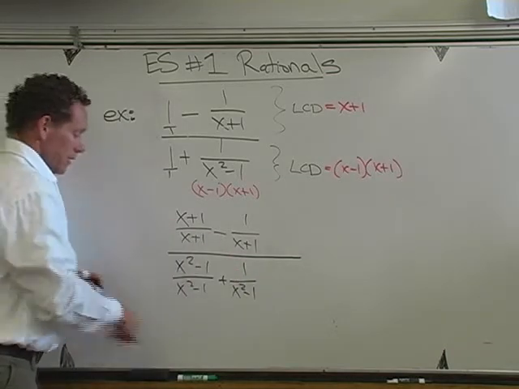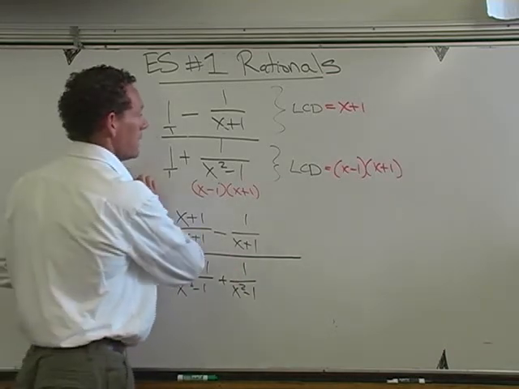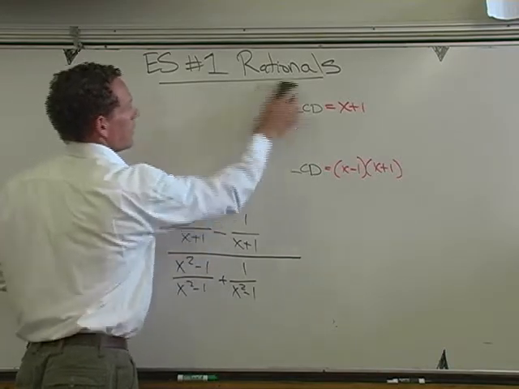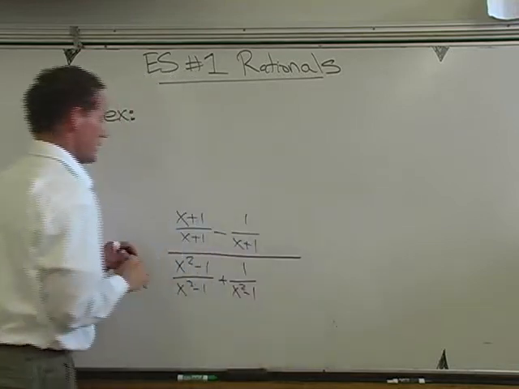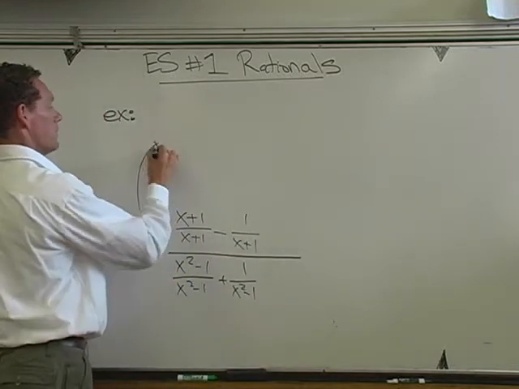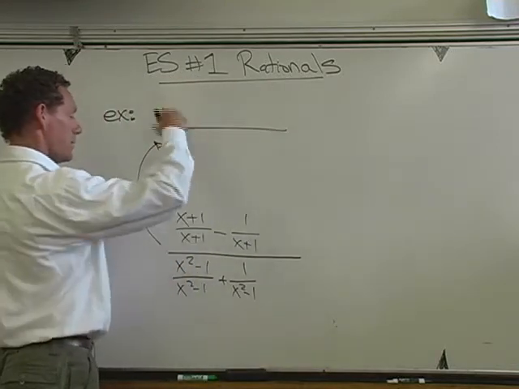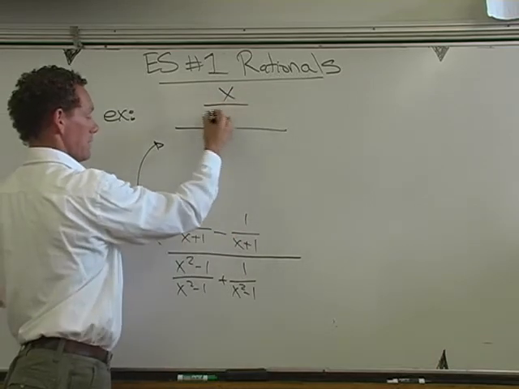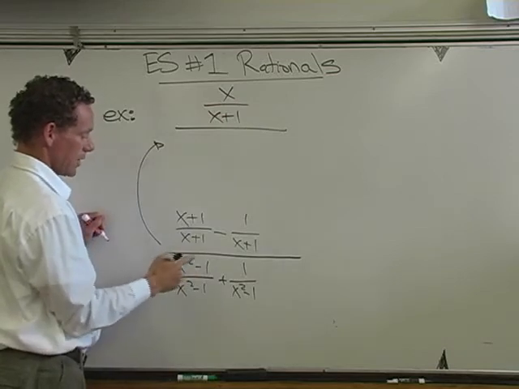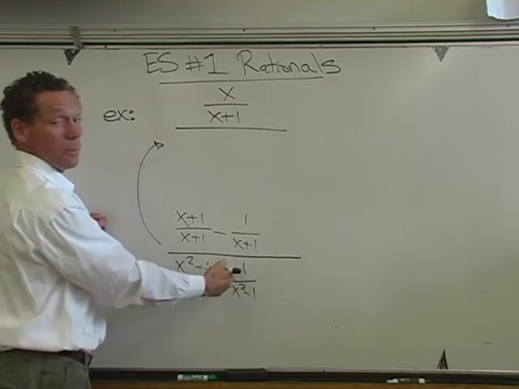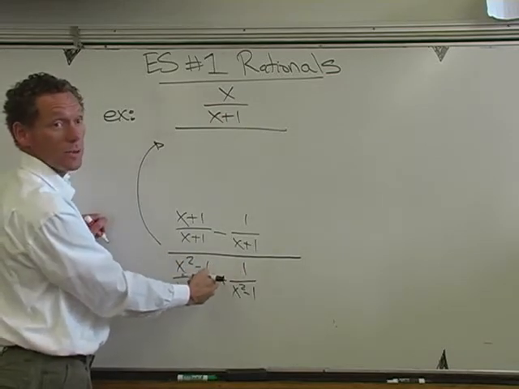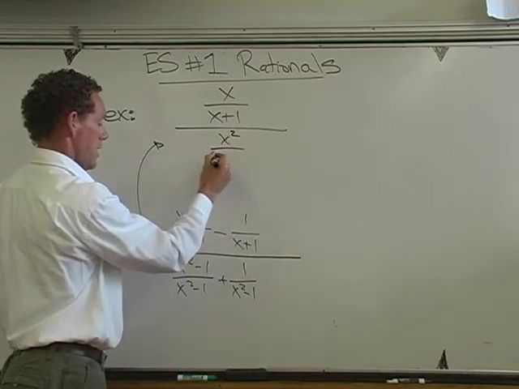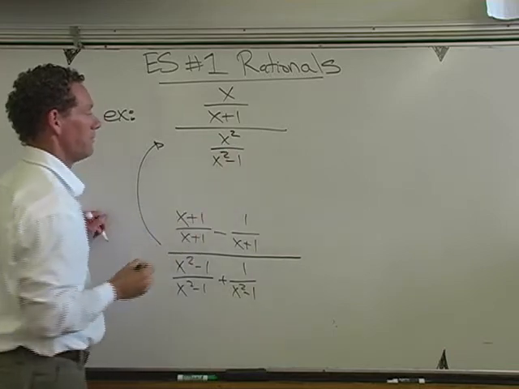So we're going to combine the two fractions, and that will give us a complex fraction. So working back, we then have x plus 1 minus 1 for x. And in the denominator, x squared minus 1 plus 1. So the minus 1 and plus 1 cancel out, and we get x squared over x squared minus 1.